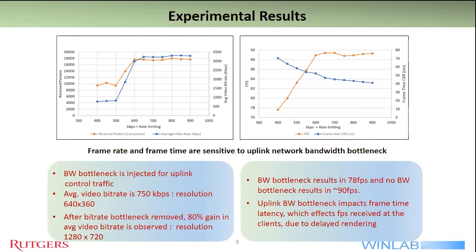Now, moving on to the FPS, which is frames per second achieved, and the frame time. So frame time CXR is just the one-way latency between the client and the server. And we see that initially for the FPS during the bandwidth bottleneck, we achieved somewhere around 77 to 78 frames per second approximately, which later on, on relaxing the bandwidth bottleneck, went up to around 90 frames per second.